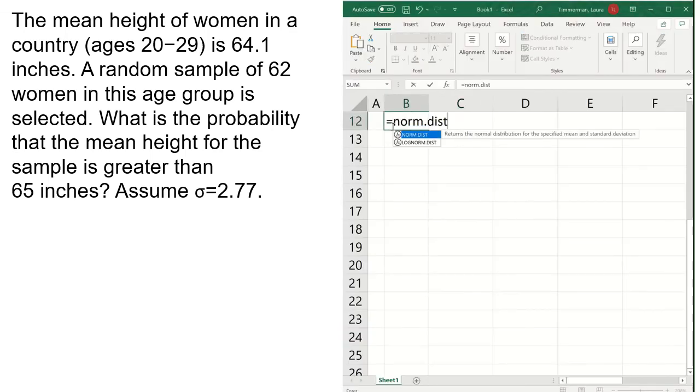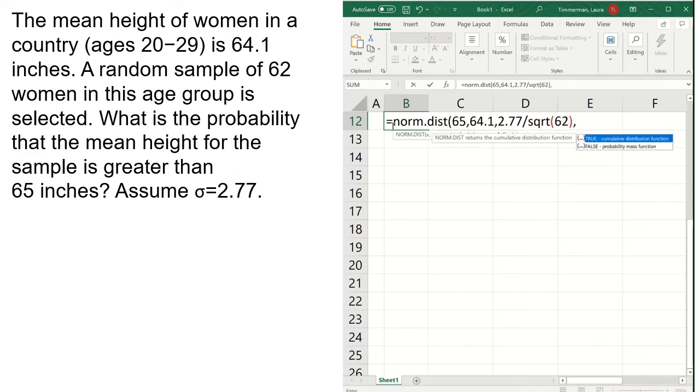So norm.dist of our x value of 65, our mean of 64.1, our standard deviation is 2.77 divided by the square root of 62, not 63, 62, because that's our sample size, and we want true.